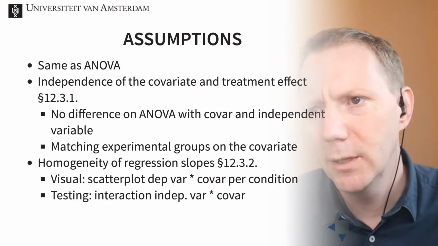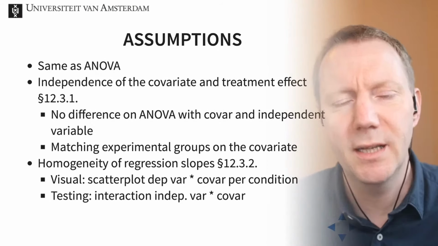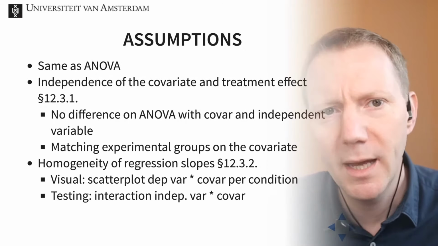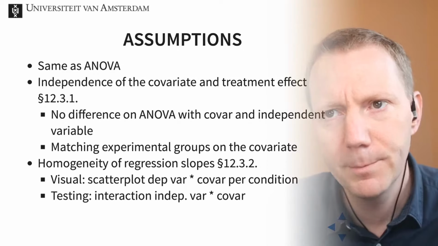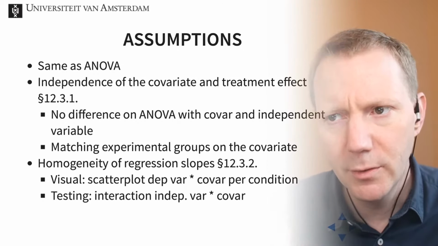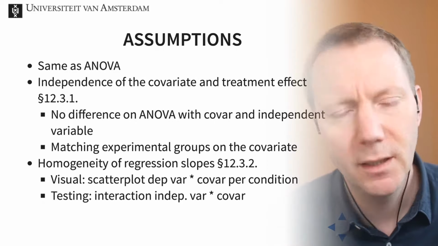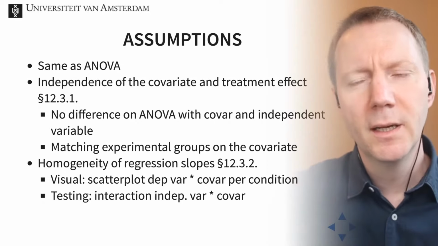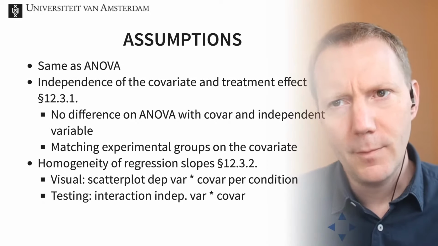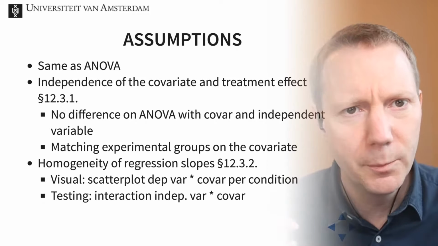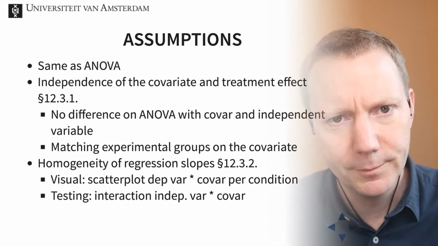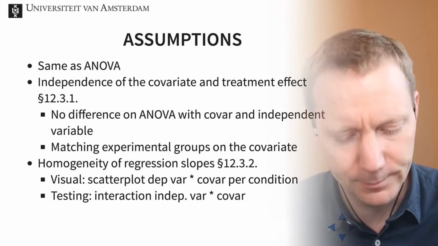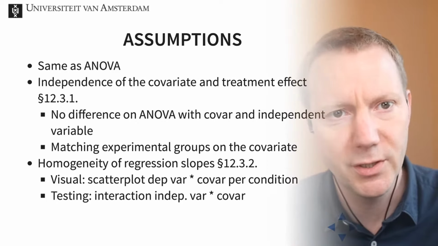So going back to the assumptions, essentially the assumptions that we have for the ANCOVA are the same as we have for the ANOVA, but there are two additions. The first one is the independence of the covariate and the treatment effect. The treatment effect would be the independent variable, so the categories that you created, in this case Belgian, Dutch, or German.